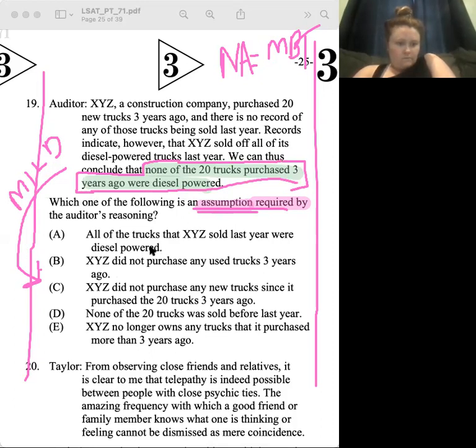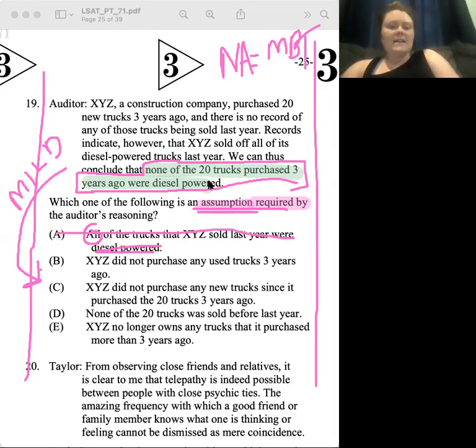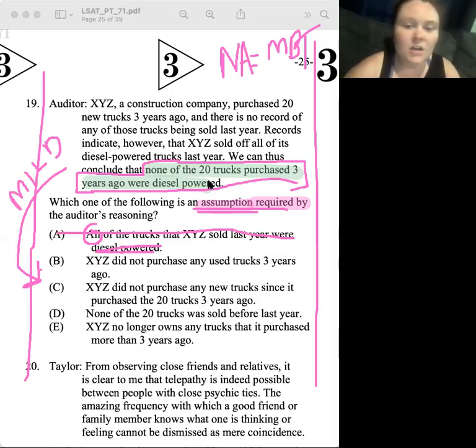We don't know that. Do we need all of the trucks sold last year to be diesel powered? No. But why? Okay, so this conclusion says that none of the 20 trucks purchased 3 years ago were diesel powered. Is that guaranteed from our premises?